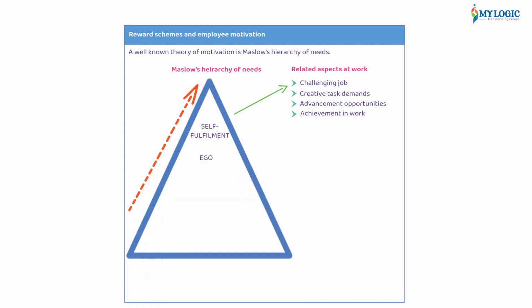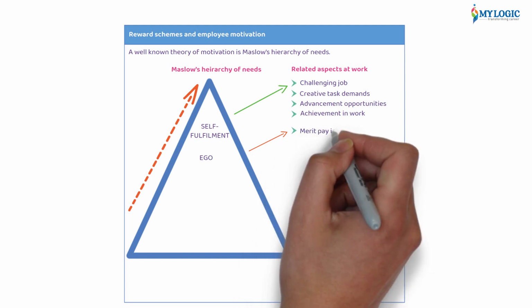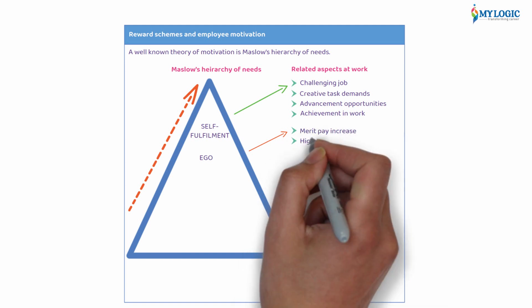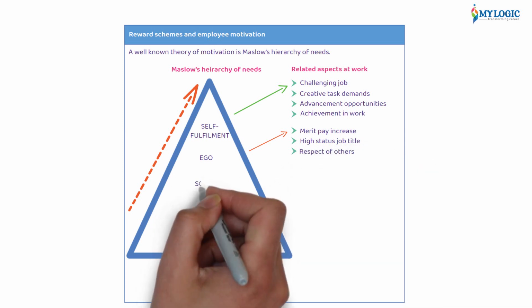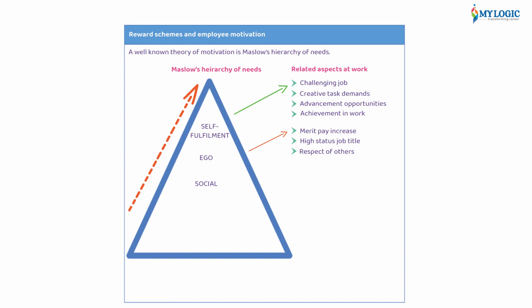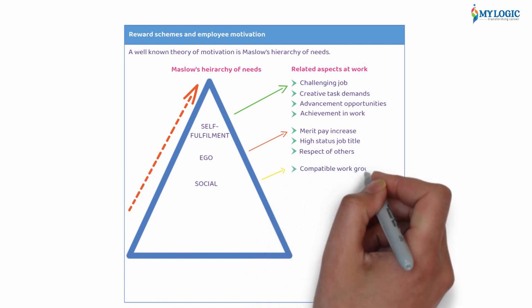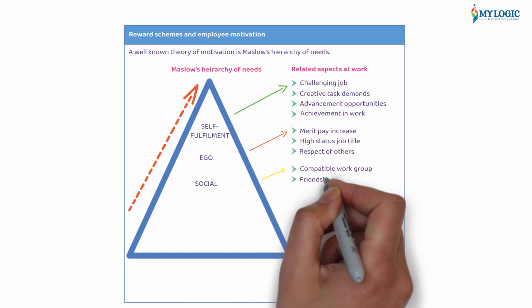Ego. Related aspects at work: merit pay increase, high status job title, respect of others. Social. Related aspects at work: compatible work group, friendships at work.